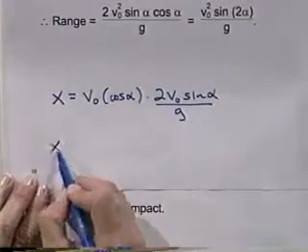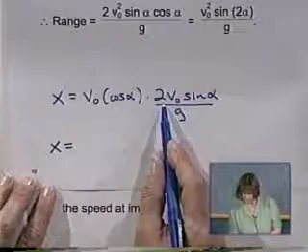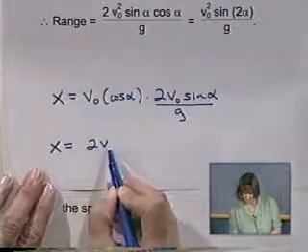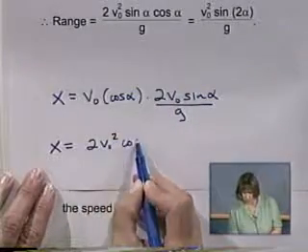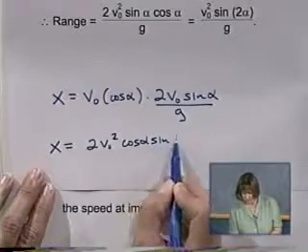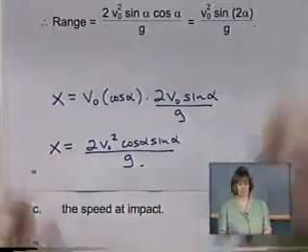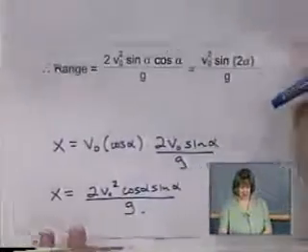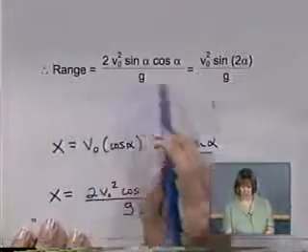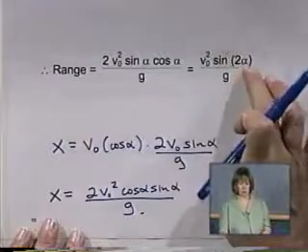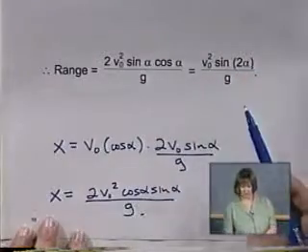Now cleaning this up a little bit, I get 2 v naught squared cosine alpha sine alpha over g. And if you notice, I have it right here on the top of the sheet that I'm writing on. That's what I got there for the range, but I like this one so much better. Because what did they do?